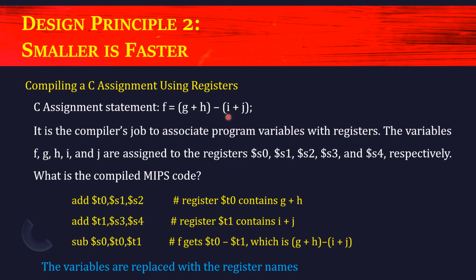Similarly, add $t1, $s3, $s4. Then subtract $s0, $t0, $t1. So the compiler is associating the program variables with the registers. The variables are replaced with the register names.